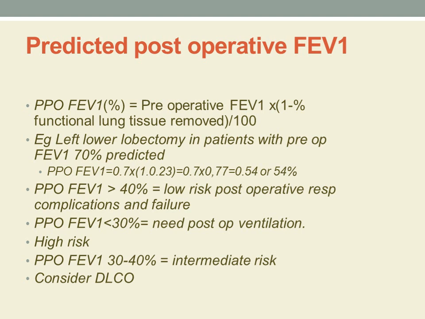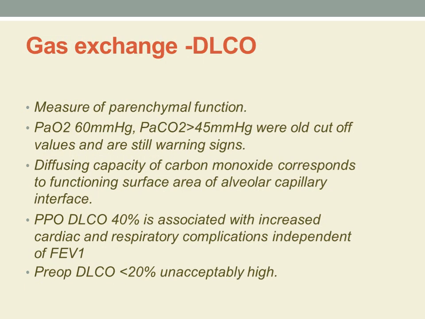Before DLCO, we used to do blood gases, where a PO2 of less than 60 or CO2 of more than 45 is a cutoff. Diffusing capacity of carbon monoxide corresponds to the functioning surface area of the alveolar capillary interface.